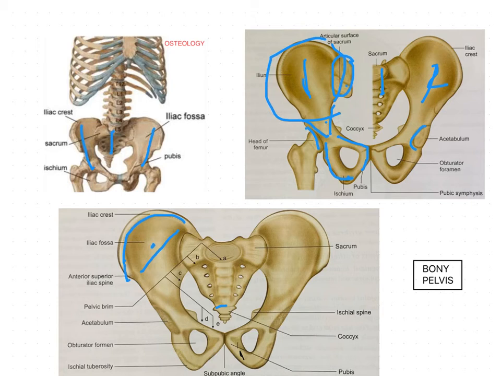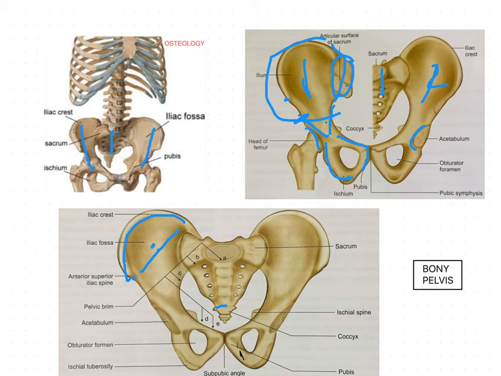We are mainly concentrating here on the anterior iliac spine. There are two spines anteriorly, the anterior superior iliac spine and the anterior inferior iliac spine. Here you can see the inferior, and we are mainly concentrating on the anterior superior iliac spine. So anterior iliac spine, iliac crest and iliac fossa.